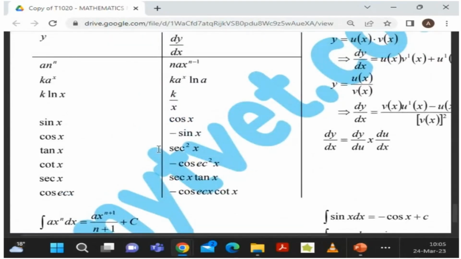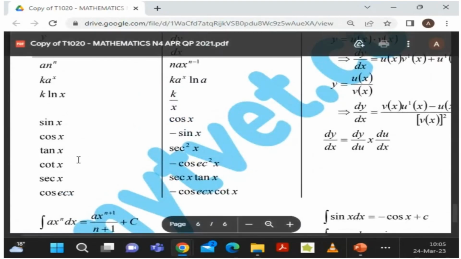So if I'm going back, what am I doing? I'm doing integration. If I'm moving from left to right, I'm doing differentiation. If I'm going from right to left, I'm doing integration. You understand? Okay, so you can look at it like that.